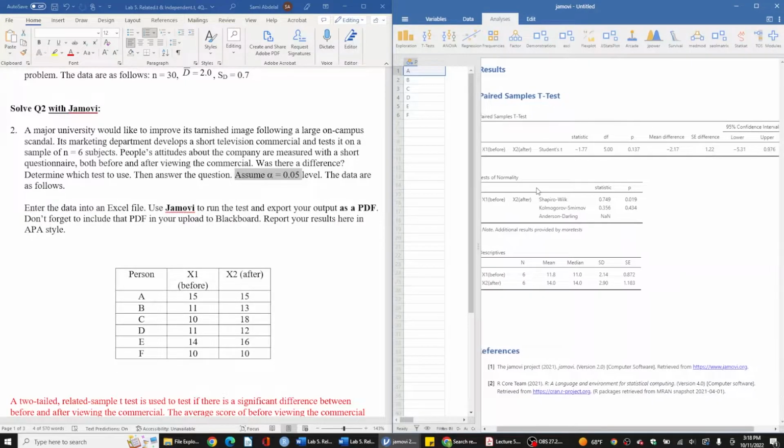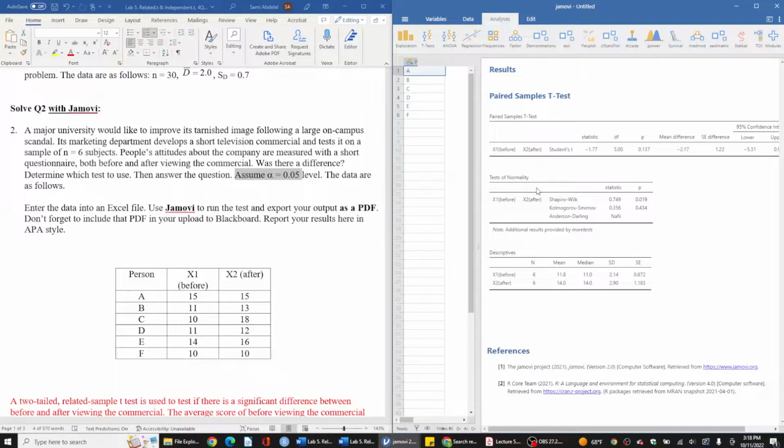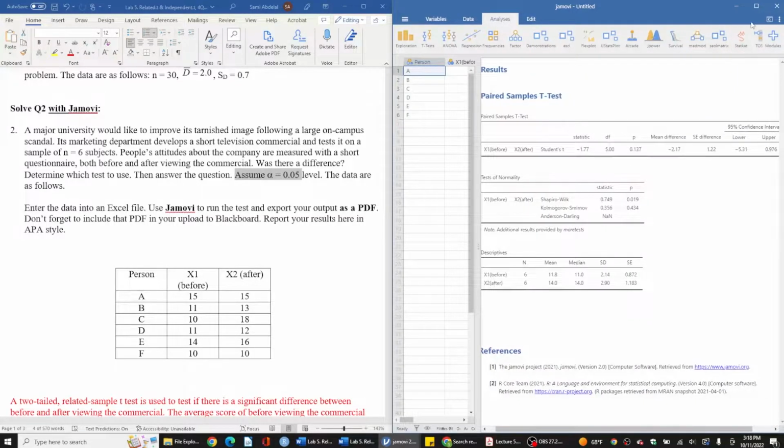So we can see here, this is the t-statistic, the degrees of freedom, and our p-value is 0.137. So that's telling me it's not significant.